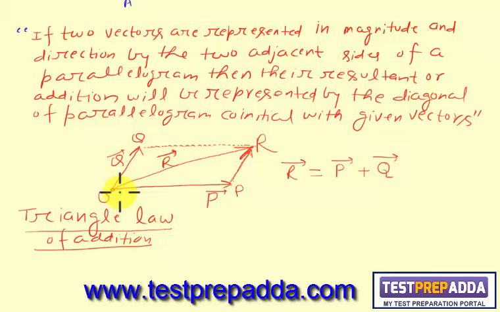You can see we are going this way, but the resultant is this way. This is triangle law of addition. So we can say vectors follow either law of parallelogram of addition or triangle law of addition.